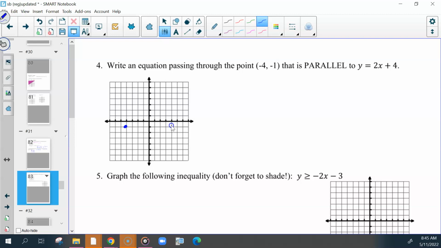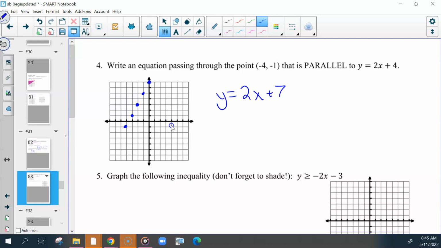If it is parallel, what do we know about the slopes? Same. So our m is going to be 2, so we're going to go up 2, right 1, as many times as we can. Then define our y-intercept. So our new equation would be y equals 2x plus 7.